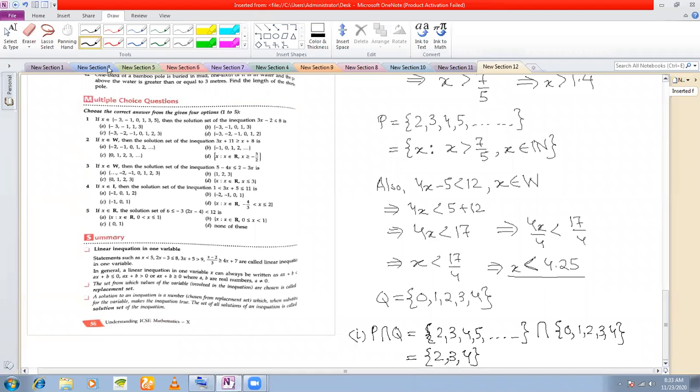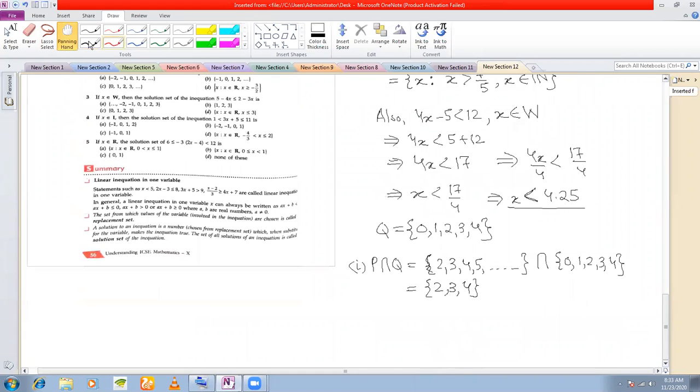Next question is Q minus P. Let me write Q first. What do you mean by Q minus P? Q minus P means all the elements of Q from which all the elements of P have been removed.